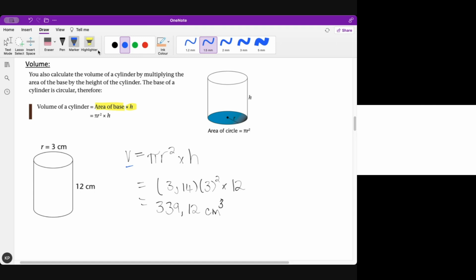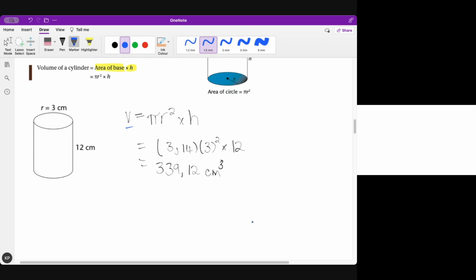I have a question, ma'am. So the reason why it's centimeters squared to 3 is because the radius is 3. No, it's because you're multiplying units 3 times. So look at this, right? 3,14 is a constant. You agree with me? It doesn't change. But this 3 was not just 3, it was 3 what?